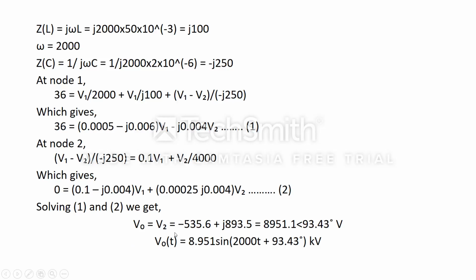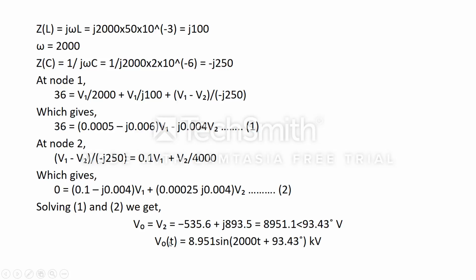get the value of V2 as minus 535.6 plus j893.5, which in turn gives us 8951.1 at a phase angle of 93.53 degrees. And as usual, don't forget the unit.